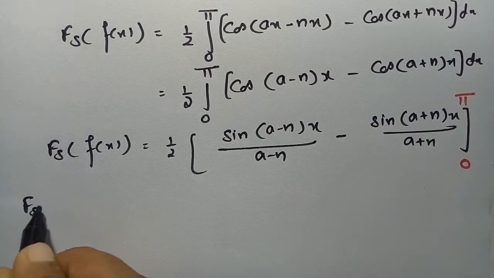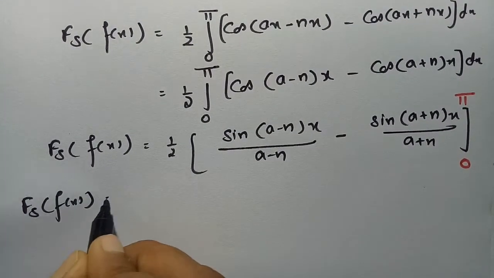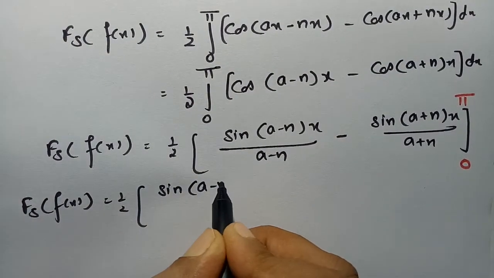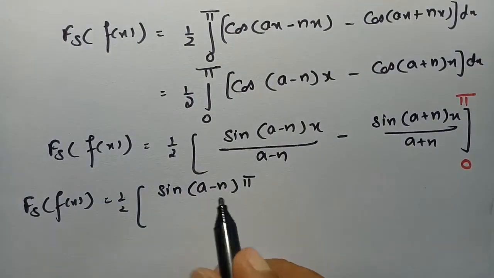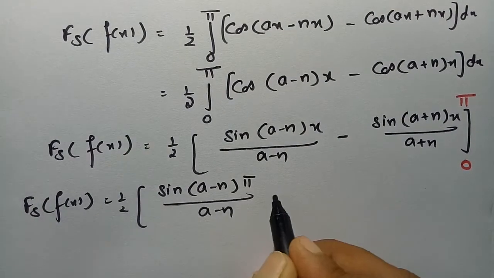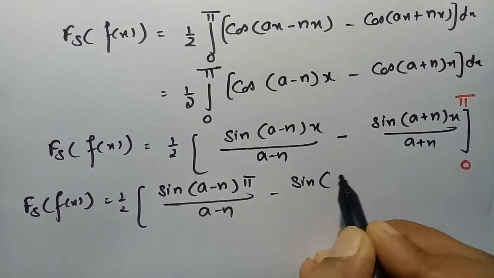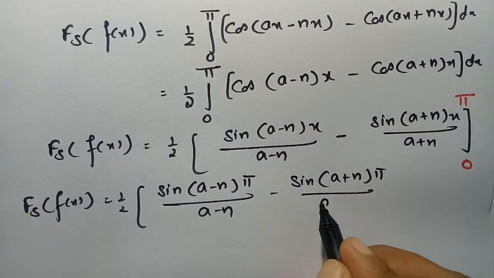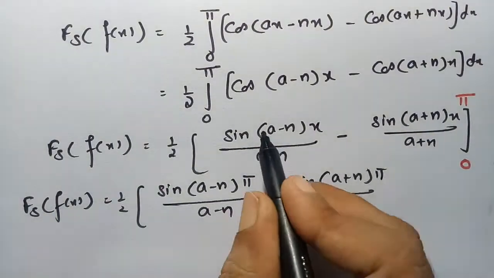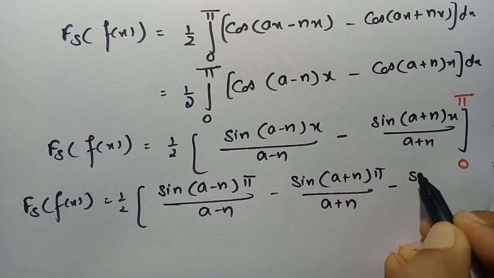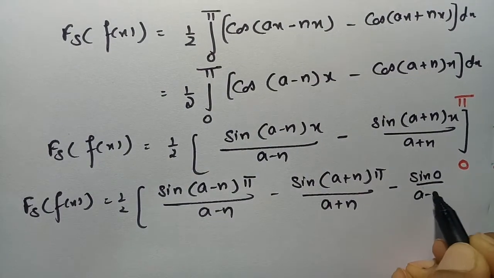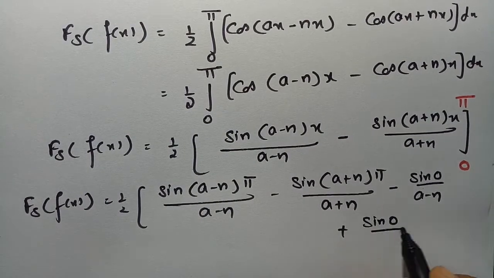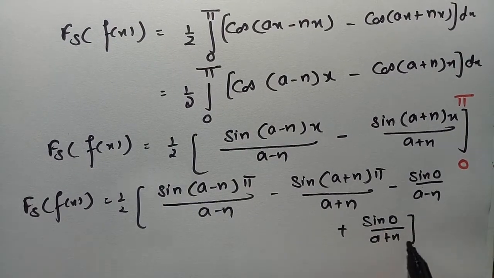If I substitute the limits, see what will happen. The Fourier sine transform of the function f of x is equal to half times of sine of a minus n into pi by a minus n, minus sine of a plus n into pi by a plus n. If I put 0, this is minus sine 0 by a minus n, and minus of minus is plus, this is again sine 0 by a plus n.